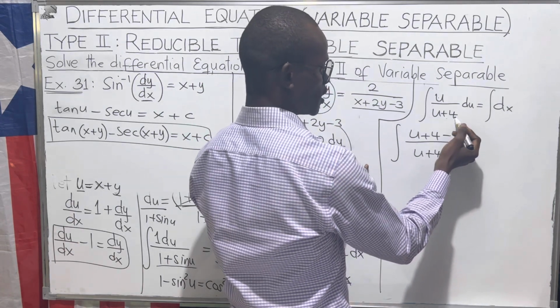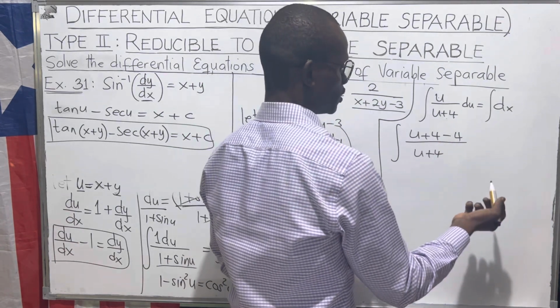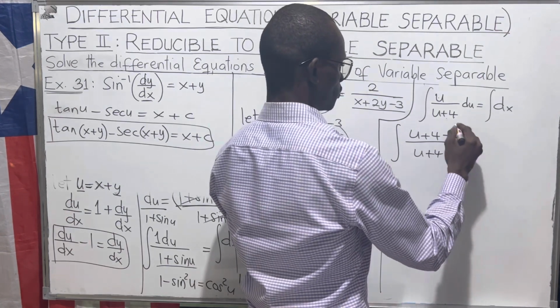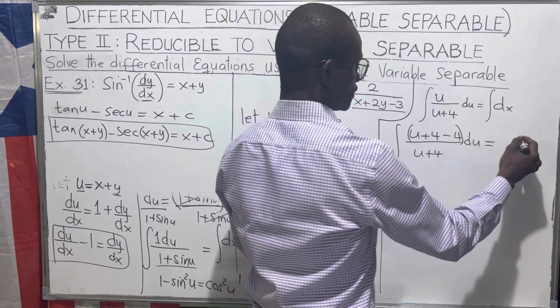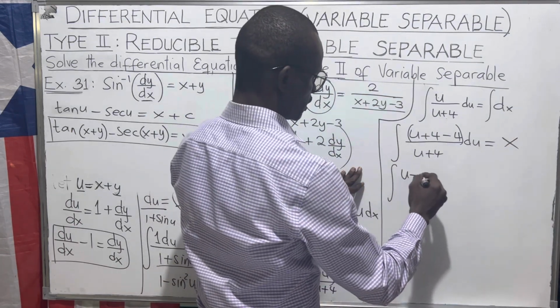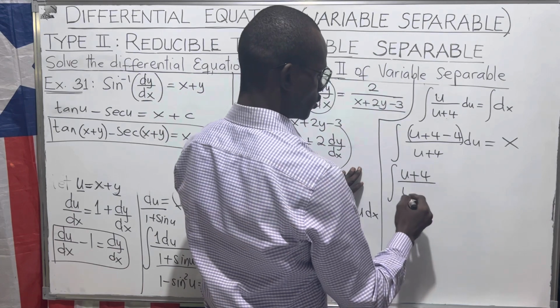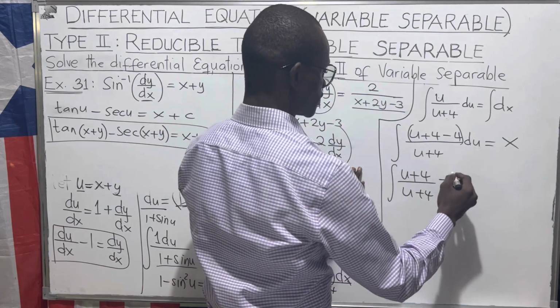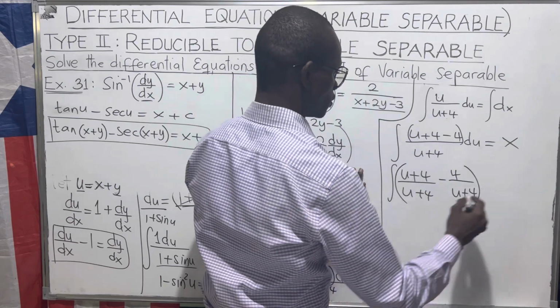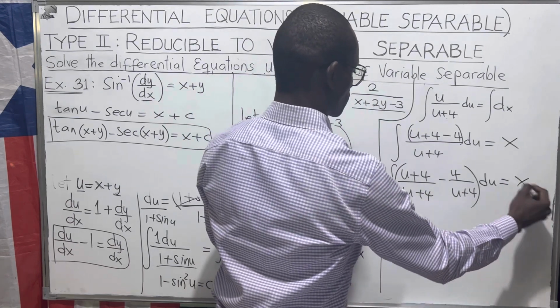So if this was 3, I would have used u plus 3 minus 3, whatever. So I can rewrite this numerator such that I will have u plus 4 all over u plus 4 minus 4 all over u plus 4 du equals x.